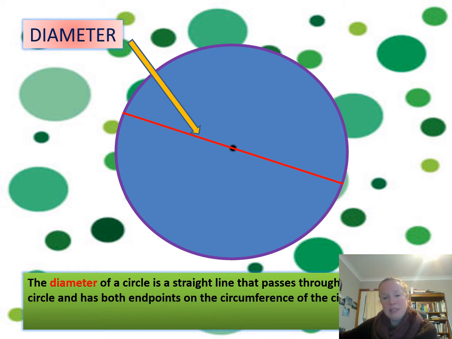So a diameter goes all the way across with our red line, whereas a radius would only measure from one point all the way across. And that was a bad choice of color. I do apologize. I'll go with white. Okay, so a radius would be half of a diameter. So a radius would just be from your center point to the outside of the circumference of your circle.